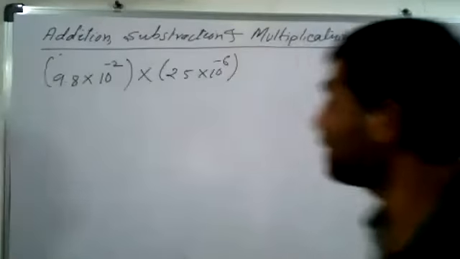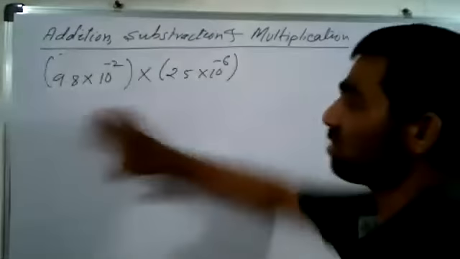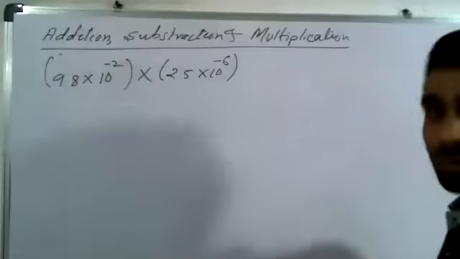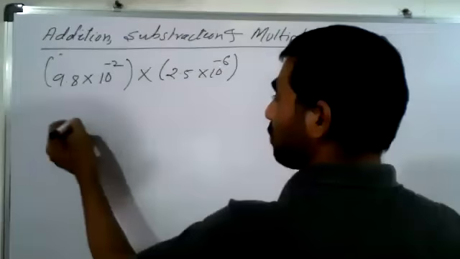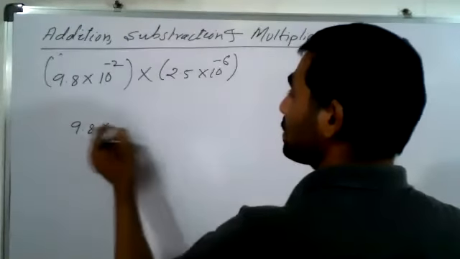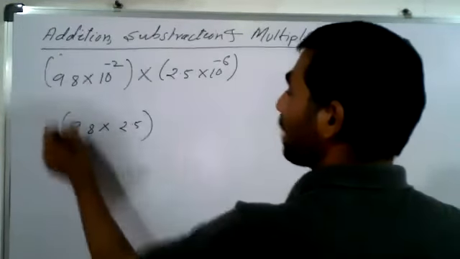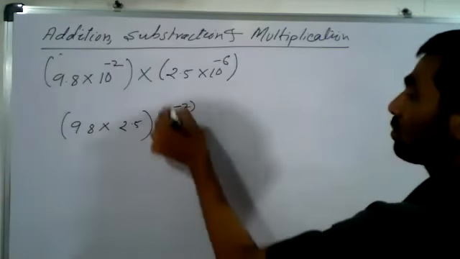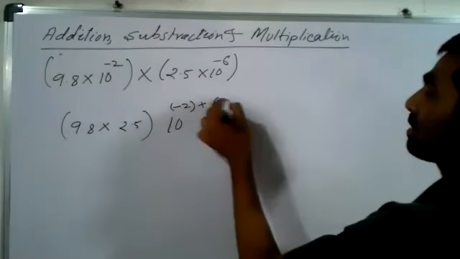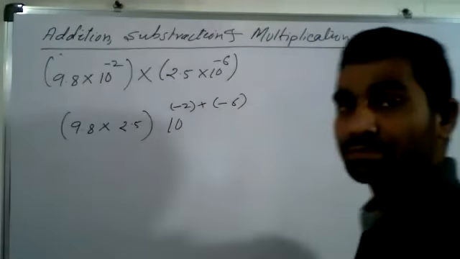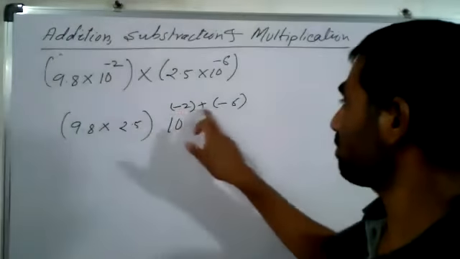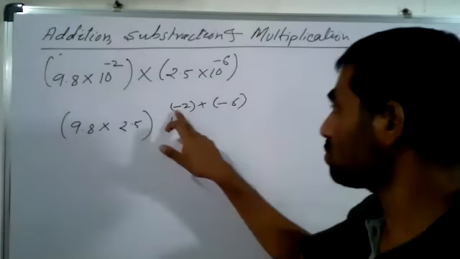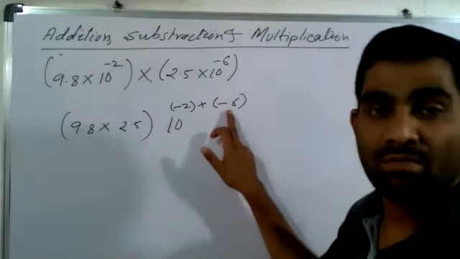So how will you do that? You multiply these two numbers, and then we have to add the exponents. So 9.8 into 2.5, and in the bracket, 10 to the power minus 2 plus minus 6. We know plus minus is minus, so minus 2 minus 6 becomes minus 8.